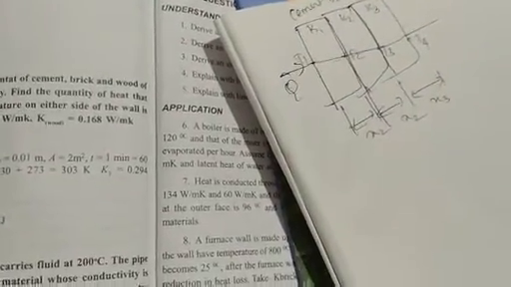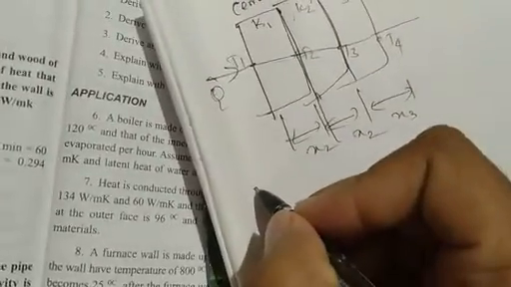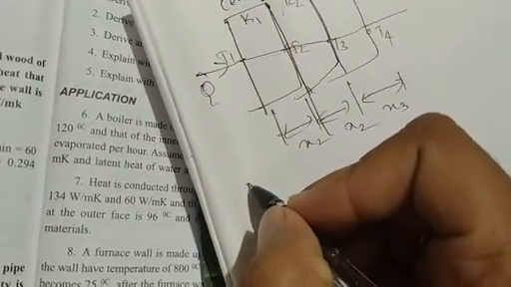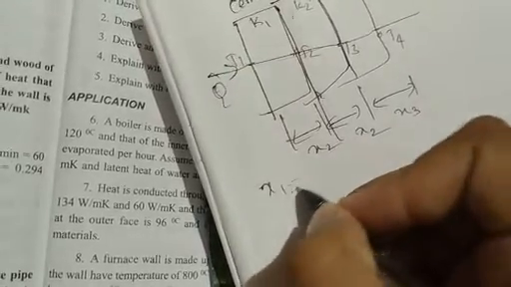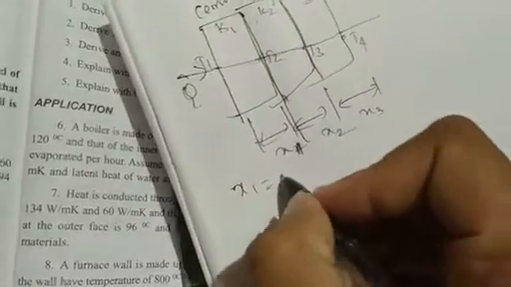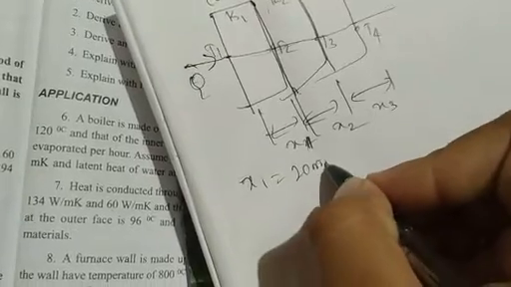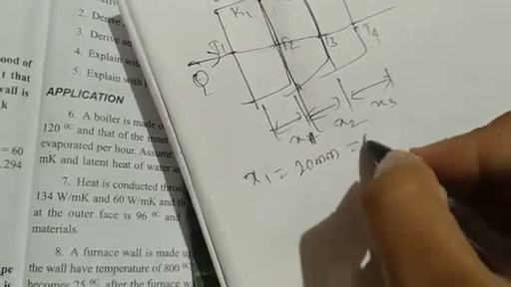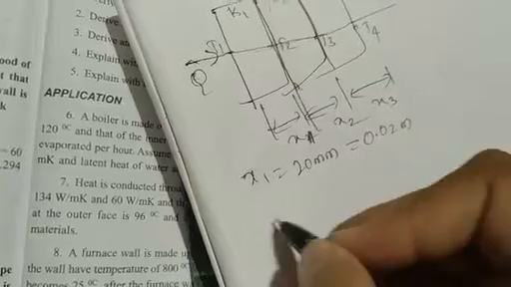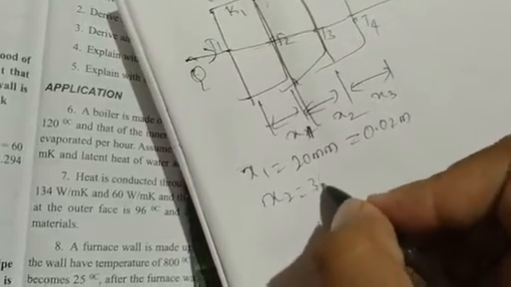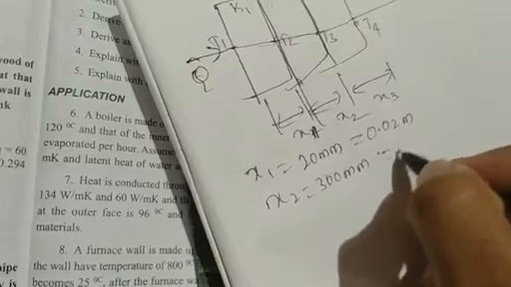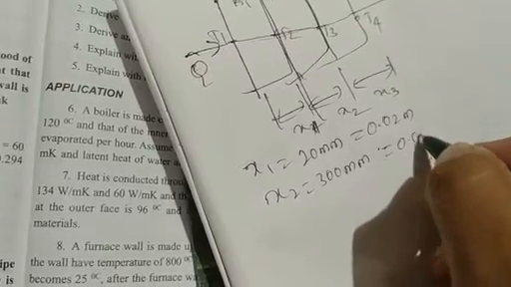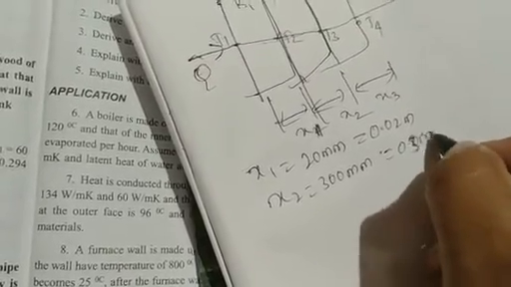Now what is given in the data? Thickness x1 is 20 millimeter, which is 0.02 meter. x2 is 300 millimeter, which is 0.3 meter.